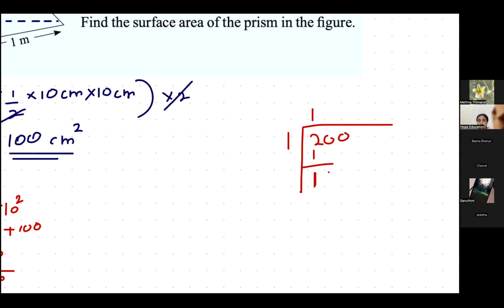So we put 1 times 1 is 1, then subtracting 1 from 2 gives 1. Next, when you bring down, you have to bring both of these down. Okay? So you take both of these down.